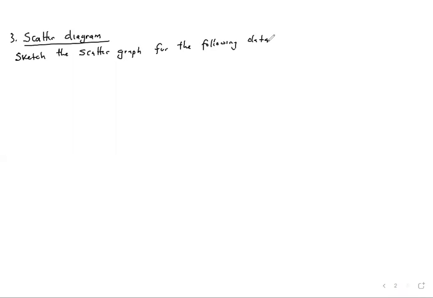For the scatter graph, if you group the data, it will be a bit tricky to form it. So for a scatter graph, you want the data to be discrete. Discrete means you're able to count it. I have 4, I have 5, I have 6, and then you put dots around your data.